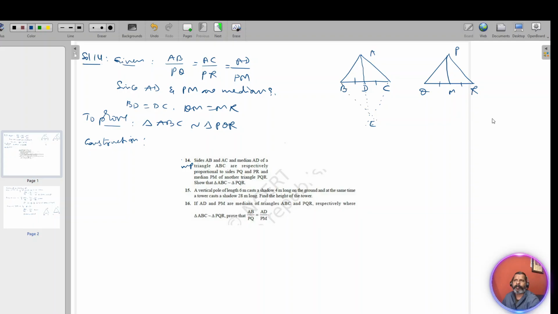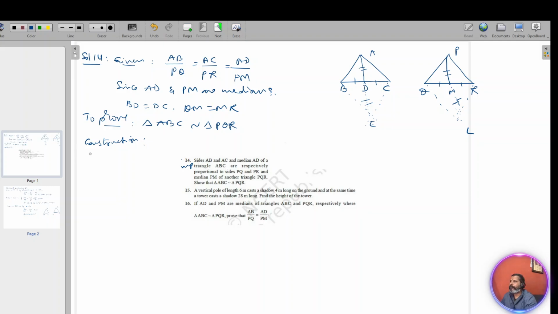Similarly, extend PM, join R, such that this and this are equal, this and this are equal. Okay, we'll write that. Just check out.